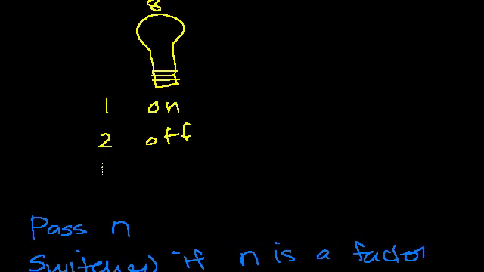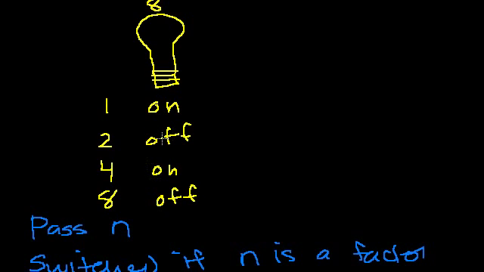Pass 3, nothing's going to happen because this isn't a multiple of 3. Pass 4, it will be switched back on. And then pass 8 is the next time we'll touch this light bulb and it'll be switched back off. So every time one of its factors goes by, we're going to switch this thing.